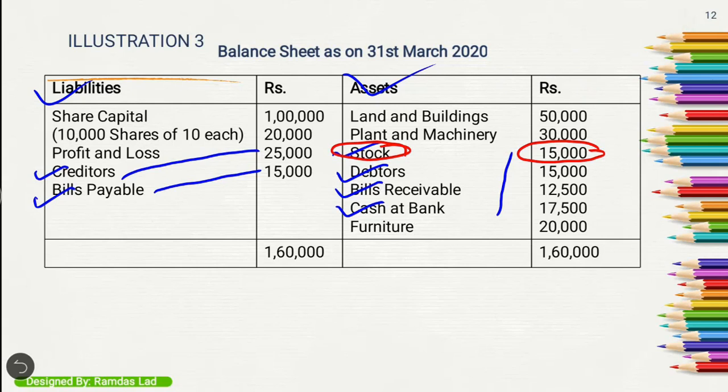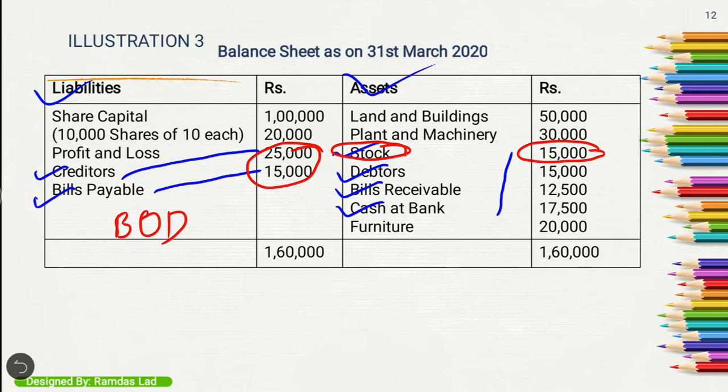So current assets minus stock gives us quick assets. And quick liabilities are current liabilities minus bank overdraft. There is no bank overdraft, so directly we can take the total of this, which means current liabilities as quick liabilities.